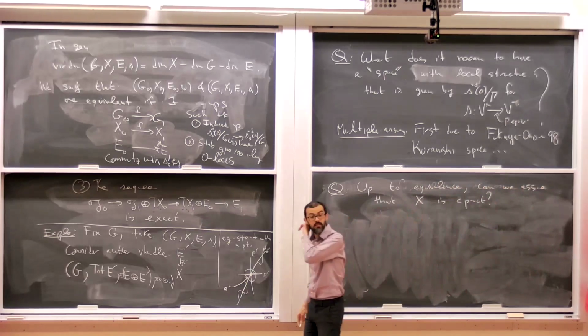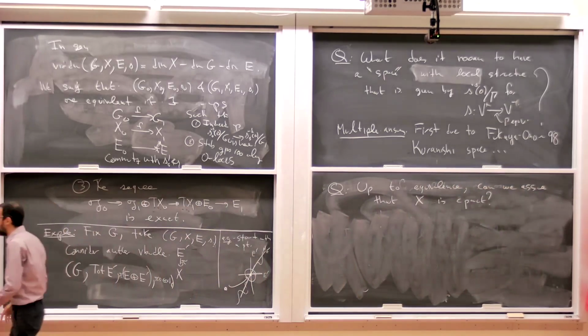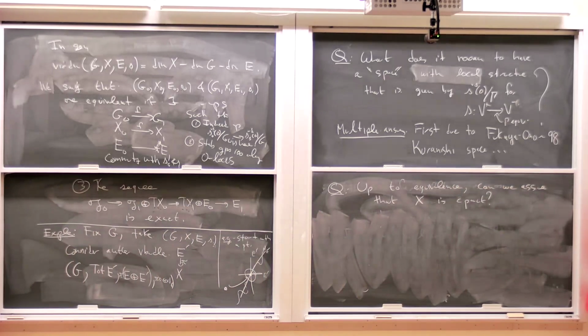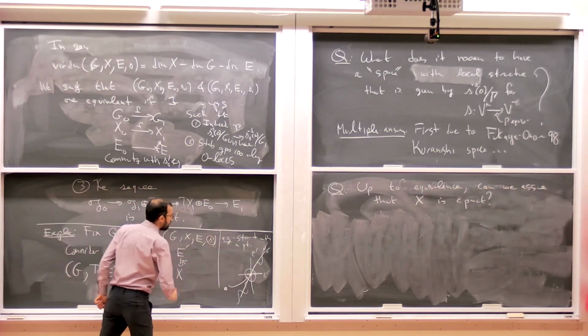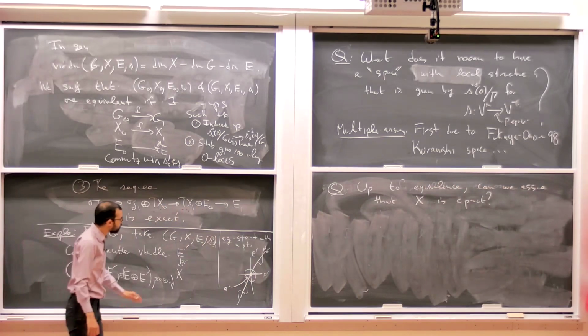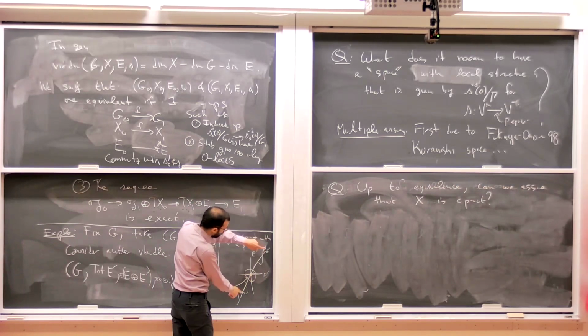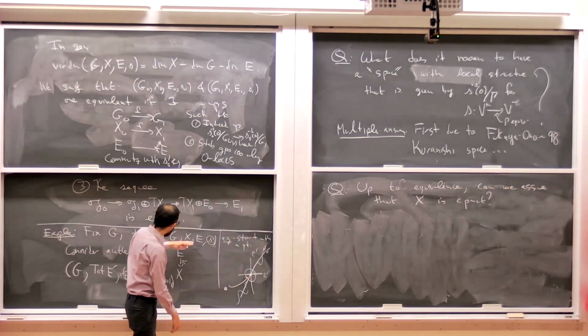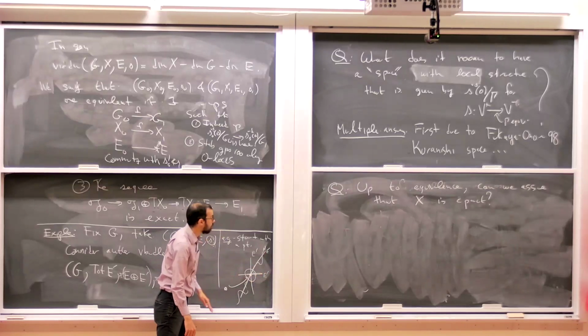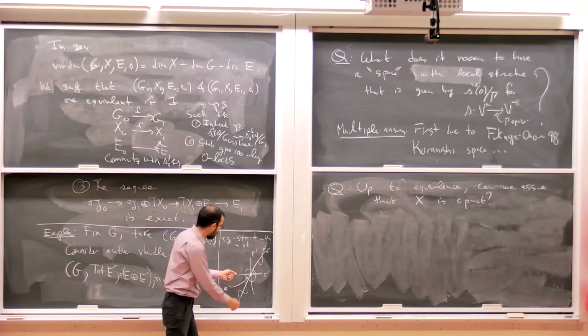There's some reason that I'm asking this, and the reason has to do with this annoying s that I keep track of. Okay, this s, what it's really doing, it's trivializing. So x, as you see by the stabilization, need not be compact.